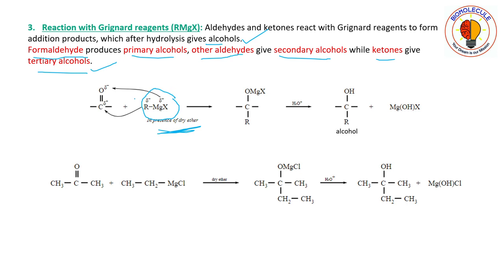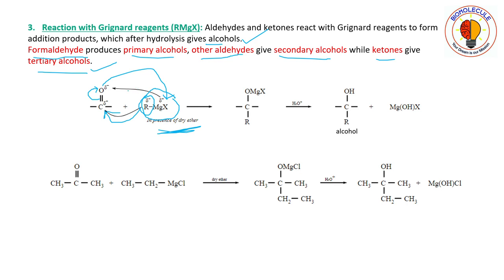Okay, so you see that here, don't see this arrow, just these are the addition products. R minus, the negative charge, will go and attack the positive charge, then this will open up to oxygen and oxygen will thus combine with magnesium halide. Remember always to use the proper arrows.